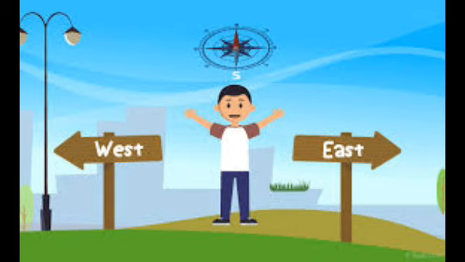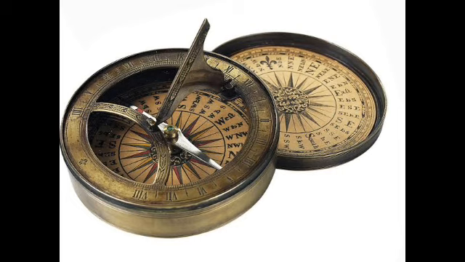Second, with the help of the pole star. And third one, by using a magnetic compass. Do you know the magnetic compass? It is an instrument used to find out the main directions. Its magnetic needle always points towards the north-south directions. So, we can easily find out the direction on the ground.